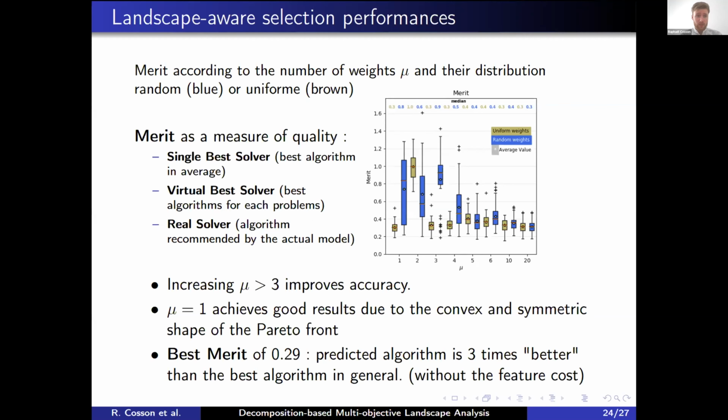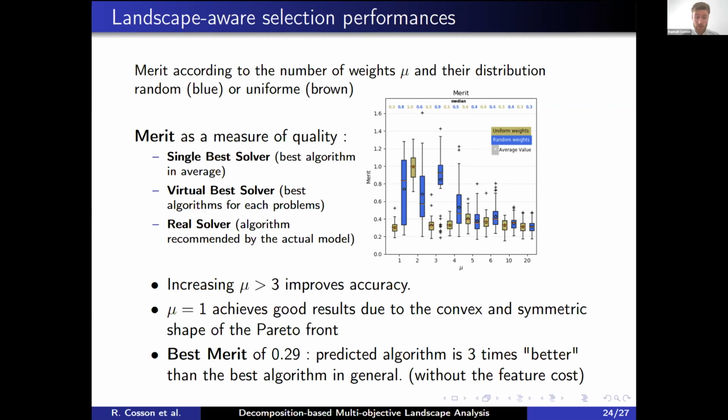By experiment, we concluded that first, increasing the number of sub-problems improves the accuracy of the features, or at least the accuracy of the model in predicting the best algorithm using the features.